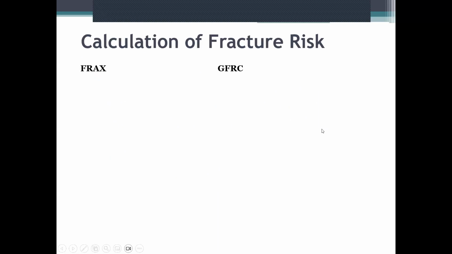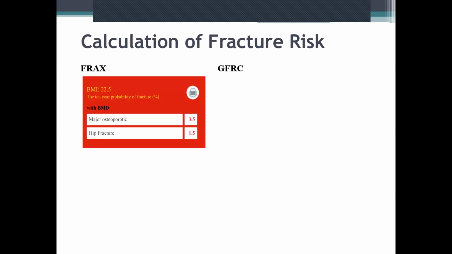If we input all the parameters into the FRAX calculator, her 10-year risk for major osteoporotic fractures is 3.5%, and hip fracture risk is 1.5%. So you may not be inclined to start therapy, because the threshold for treatment is a fracture risk of more than 20% for major osteoporotic fractures, and hip fracture risk of more than 3%.